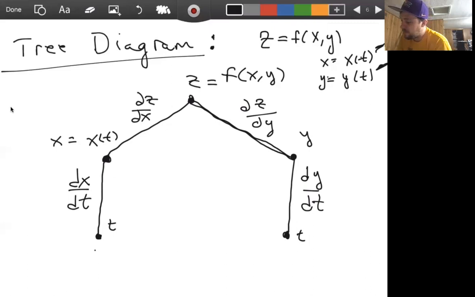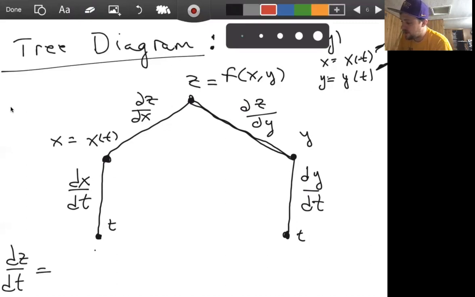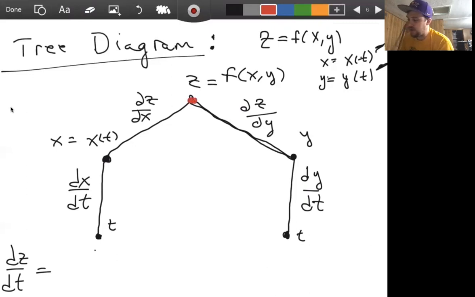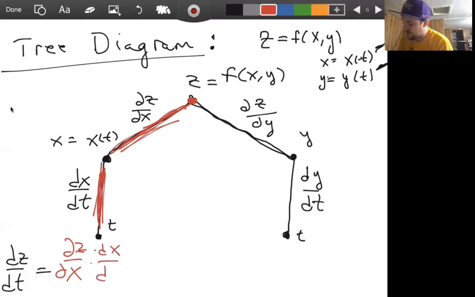And now what we can do is say dz dt is equal to, and then we can take the product. We can start at the top of the tree, and we can follow all the branches on the left. If we follow the branches on the left, we get dz dx is the first branch we travel along, and then the next branch we travel along is dx dt.